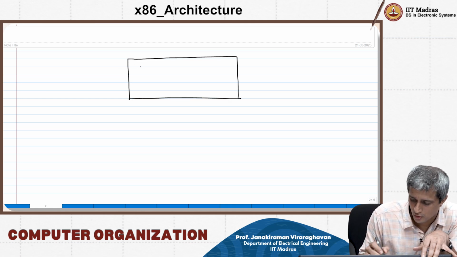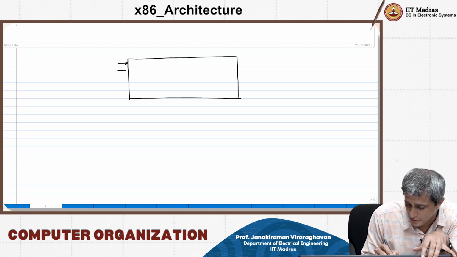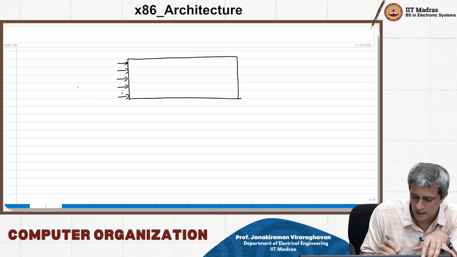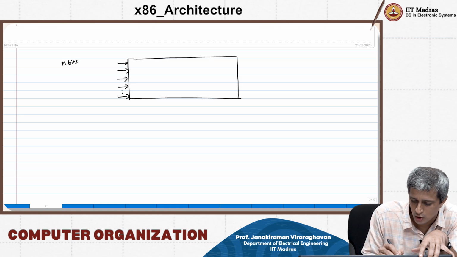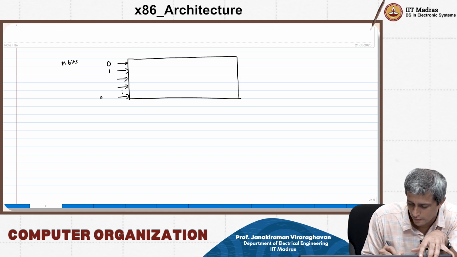Okay, so what is going to happen is I have my addresses like this, right? And I told you that the address could be m bits, right? So this is 0, 1 all the way to 2 power m minus 1.